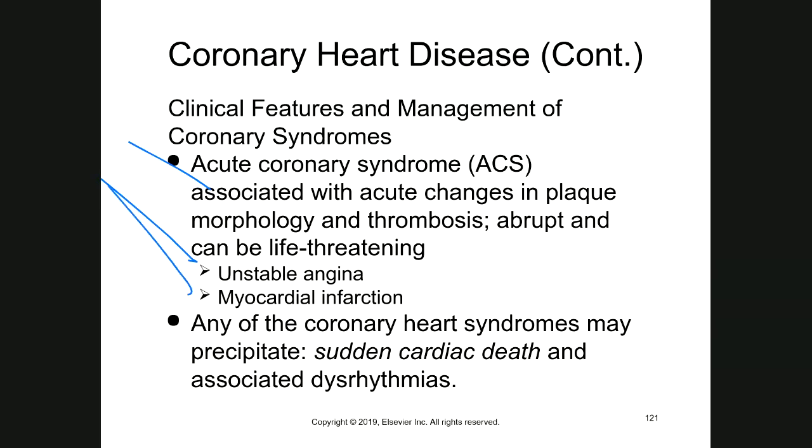Any of the coronary heart syndromes may precipitate sudden cardiac death and associated dysrhythmia. Even though I don't ask you for this one in the test, you need to assume that always in this patient. And careful with this in your test because I will make reference to this particular point.